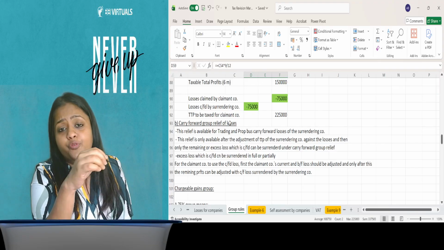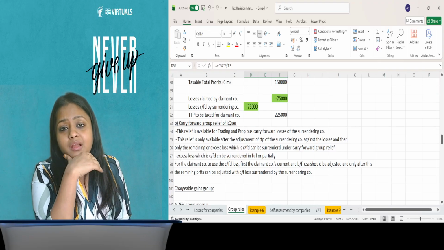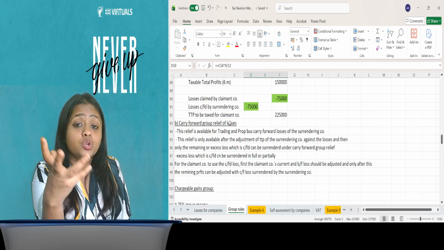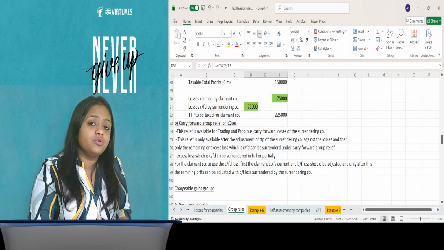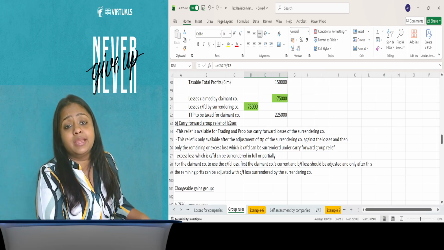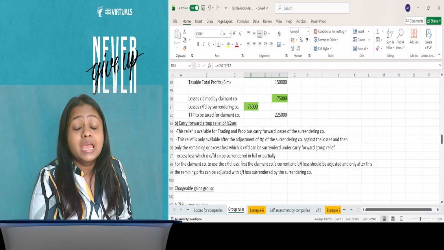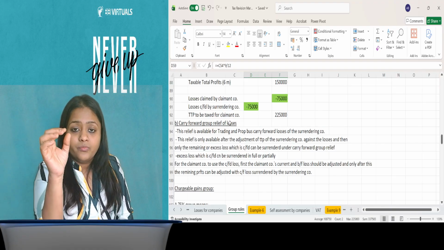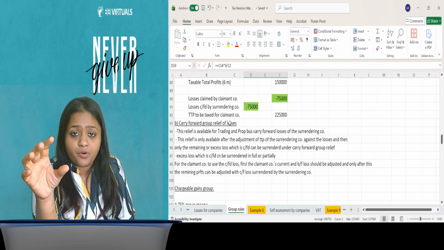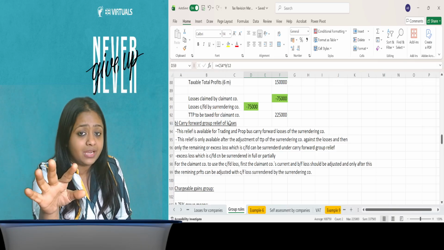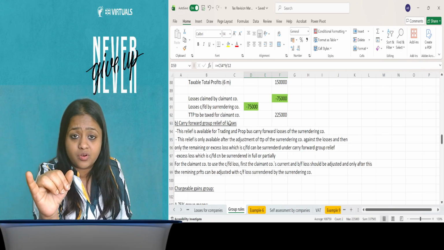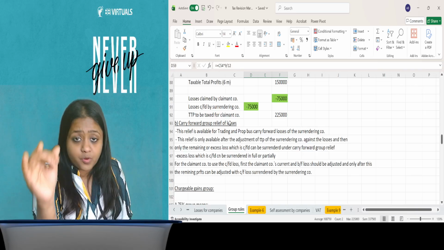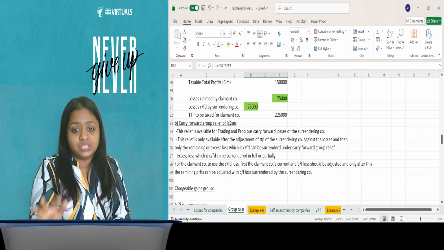What is the profit against which the claimant company will adjust the loss? How do we calculate that profit for the claimant company? Please understand, the profit against which the claimant company will adjust the loss is its own total profits less all losses that it has. When the claimant company has its own current year loss, and its own brought forward loss, you will adjust both.